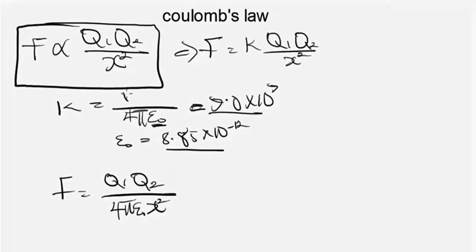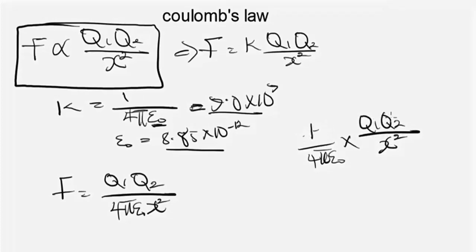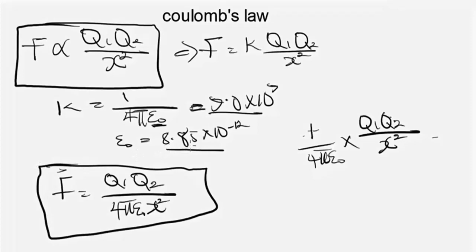The reason is that we multiplied 1 over 4 pi epsilon naught by Q1 Q2 over x squared. Now when we multiply this, we multiply the numerators out, then we multiply the denominators out. Alright, so let's go ahead and delete this.